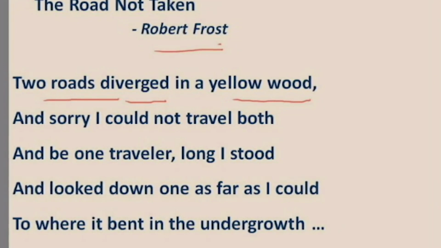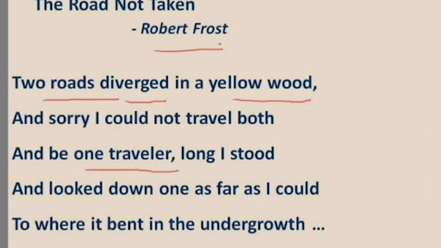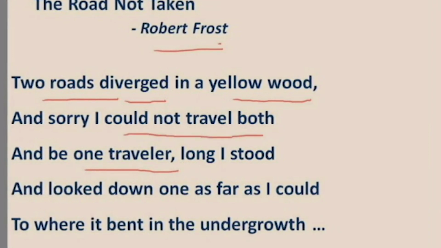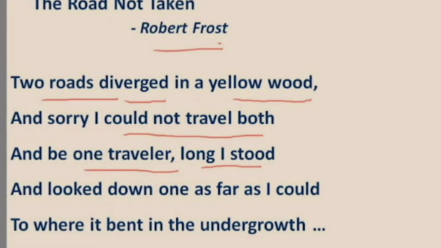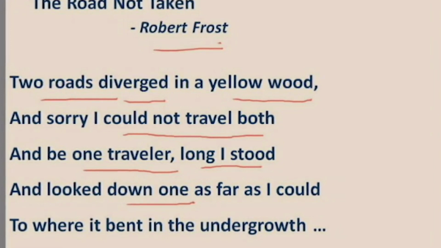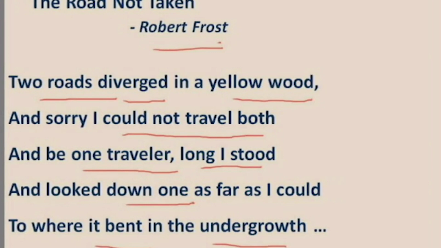And then he was all alone. There were two roads, so he could not travel on both the roads. So he stood there for a long time. He just looked at one road and tried to see as far as he could. And then he came to know that the road finally disappeared into the undergrowth. Undergrowth means bushes. That is the summary.